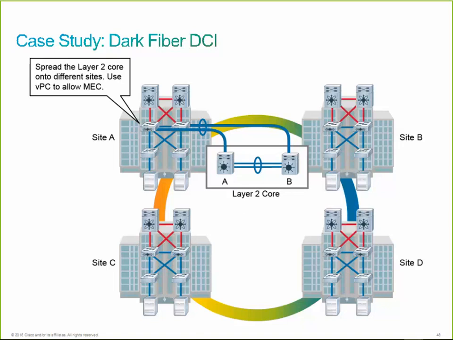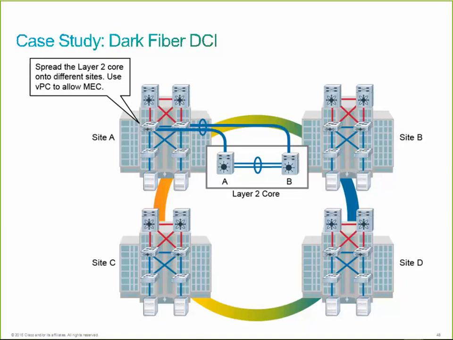So we create these connections, and the aggregation switch at site A gets connected to the layer 2 core B switch at site B using one of those point-to-point links that was created between site A, site B, and so on, okay? We would also configure site B, C, and D in the same way.